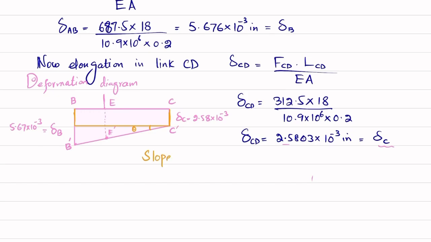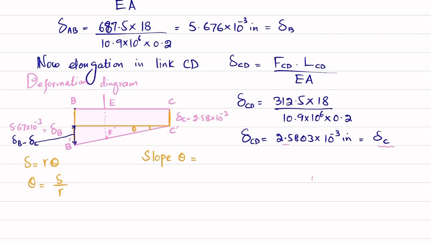So this slope theta is equal to, by using S is equal to R theta, clear, theta is equal to S over R. So for here you will have this S. This distance is equal to total del B minus del C, clear.